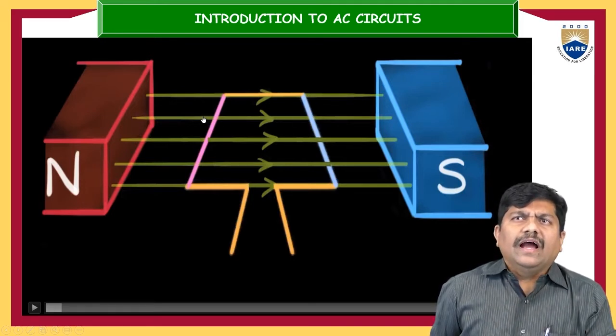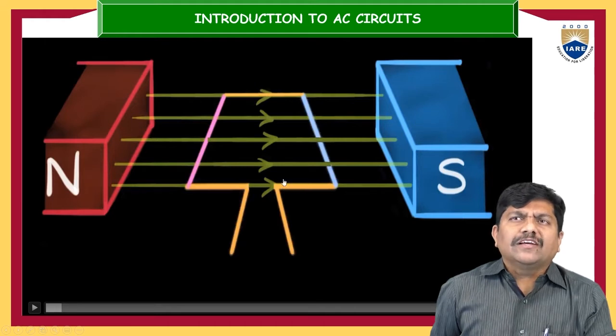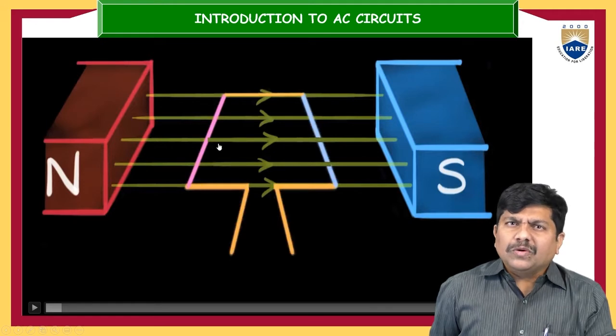if these two are joined together for effective utilization of this magnetic field, let us keep two conductors, and if the two conductors are connected back to back, automatically we can increase the voltage.